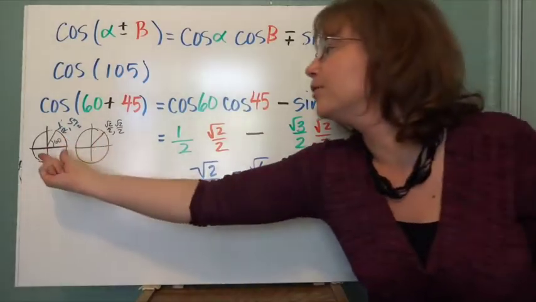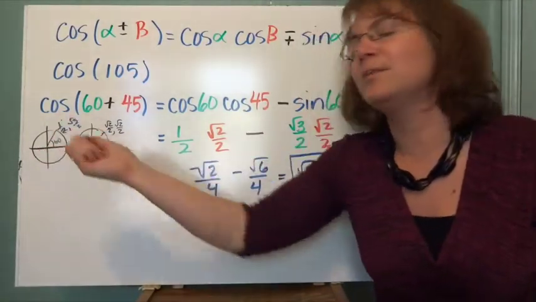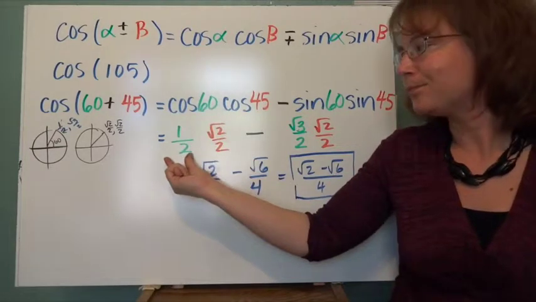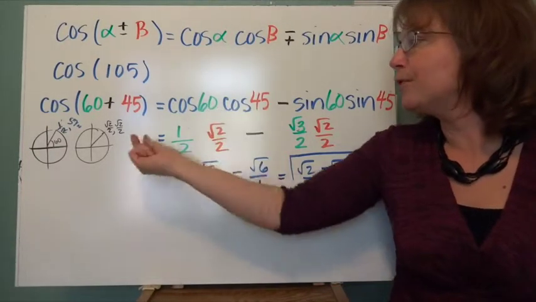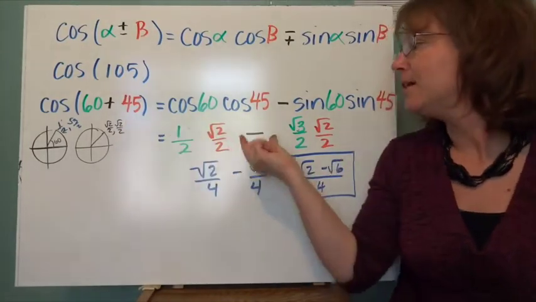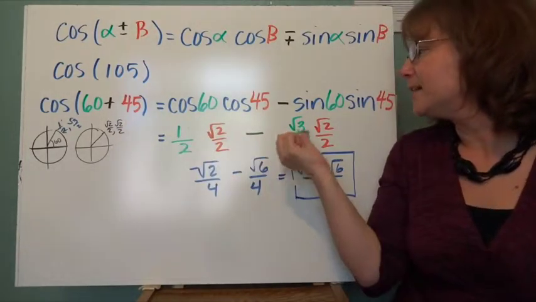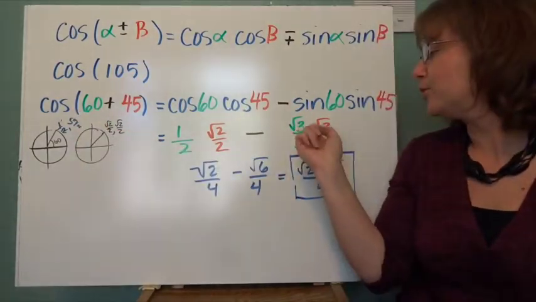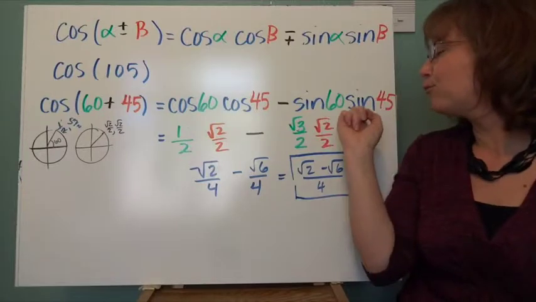So I know that this is my cosine. My cosine's going to be shorter, my sine's going to be longer. So cosine of 60 is 1/2. Cosine of 45, that's my x value, is rad 2 over 2. They're the same in this case. Minus my sine of 60. Sine of 60 is my y value, rad 3 over 2, times my sine of 45.